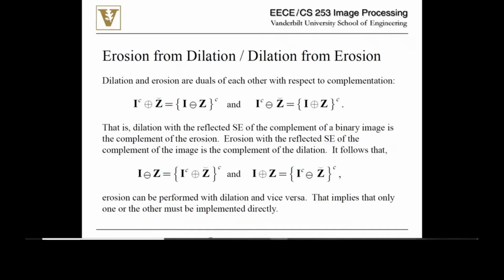And we have more properties. Here you have a few more properties. This is just, if you complement on both sides, so you compute the complement of the left hand and the right hand side, then the complement of the complement stays the same. So you have now other ways of computing the erosion, for instance.